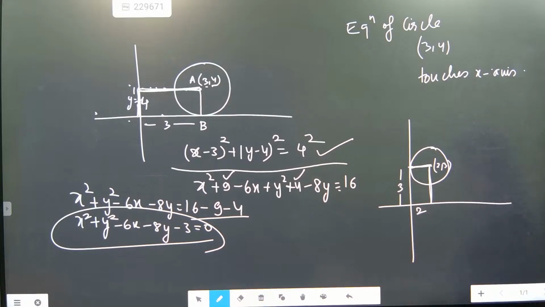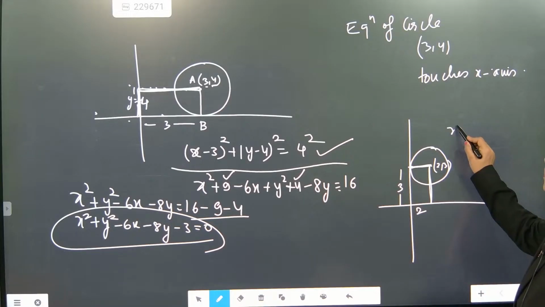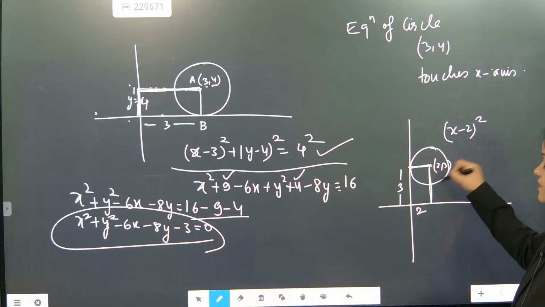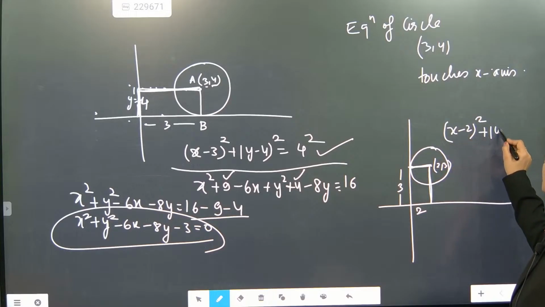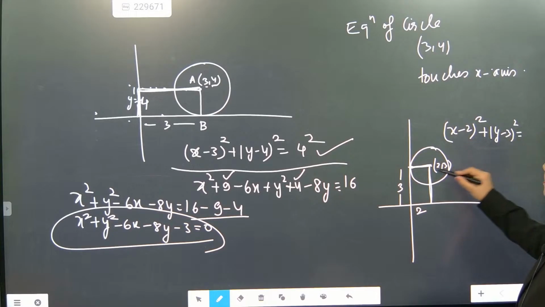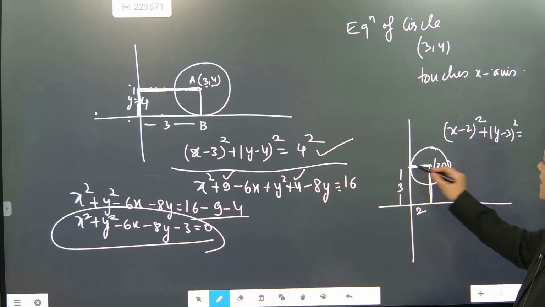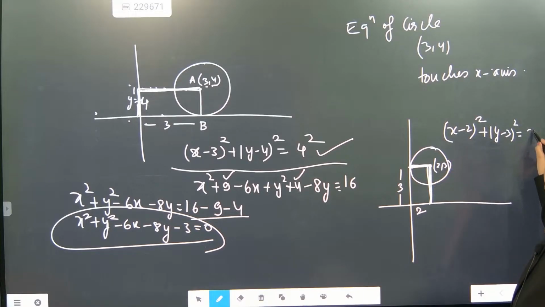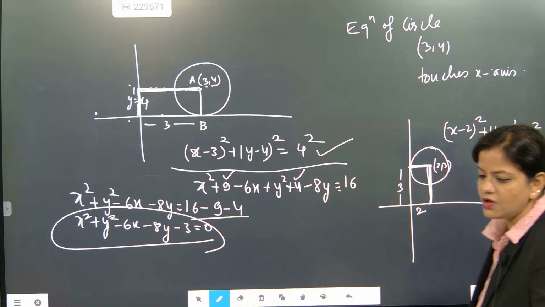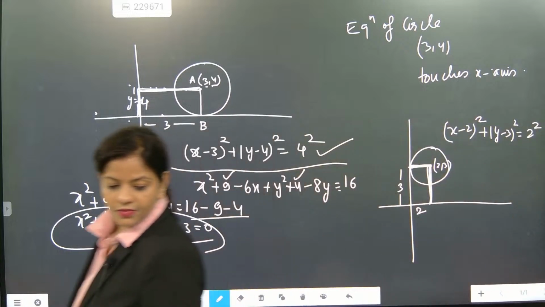So the radius will become 2 if the circle touches the y-axis. So it will become (x minus 2) whole square plus (y minus 3) whole square is equal to 2 square. This is the only logic. Yes, the radius is coming as 2.